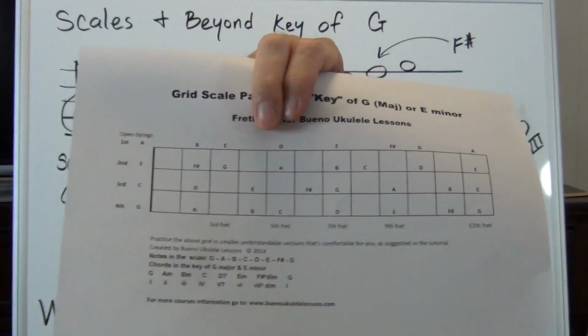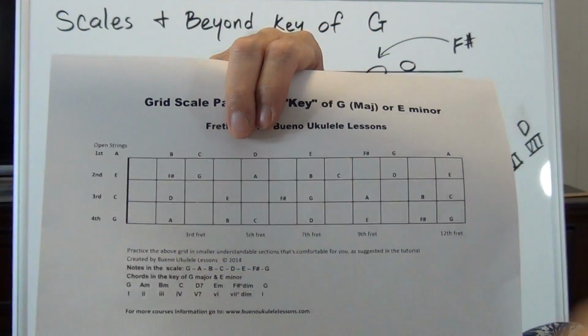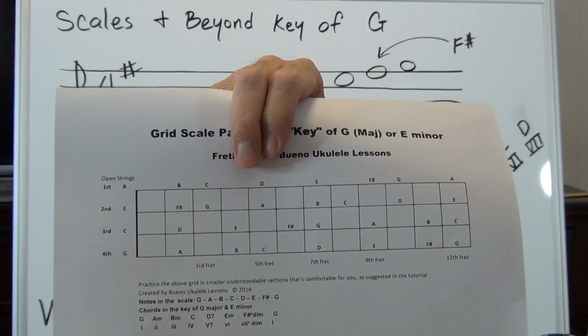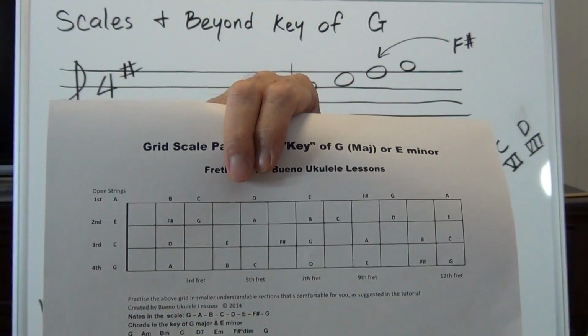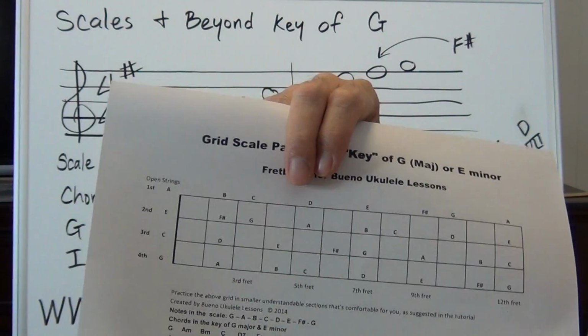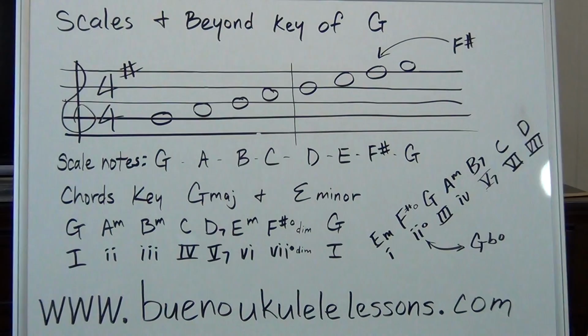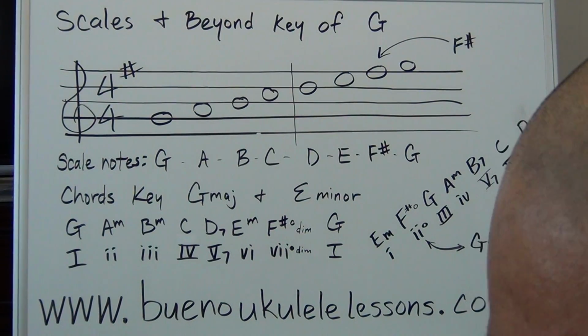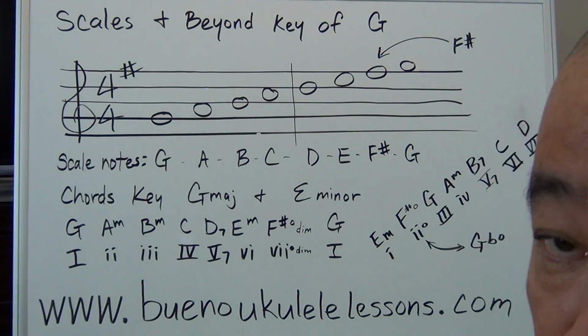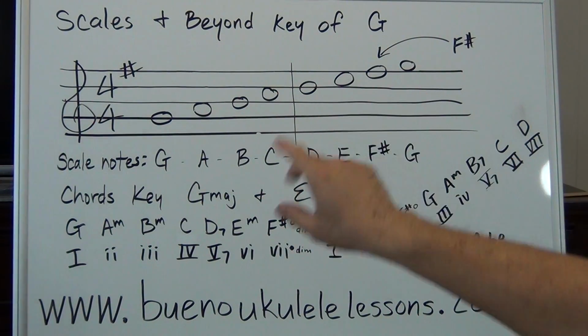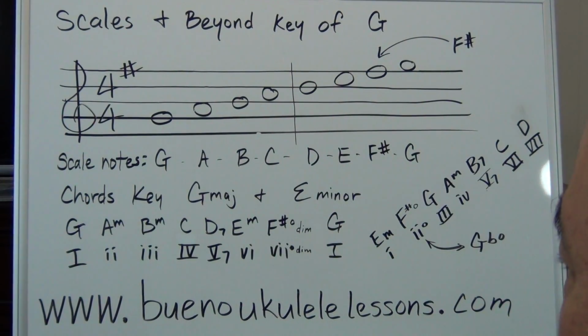It's very, very important that you go back, watch this tutorial again, add some notes over here to help you understand whatever it takes, so that you can really understand this concept, because it'll be right here on this paper as we talk about the grid and the scale patterns in the upcoming tutorial on how to use the scale patterns for the key of G and E minor.